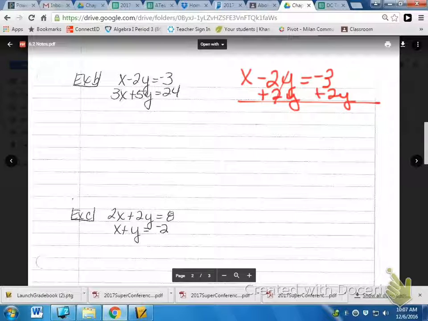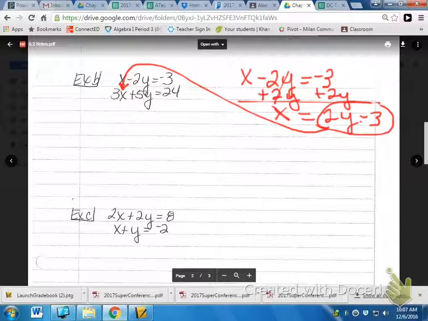And therefore, x equals 2y minus 3. Okay? And what we're going to do with that then is take this 2y minus 3, and we're going to plug that in place of that x in the second equation.